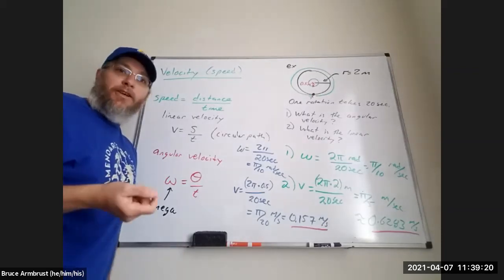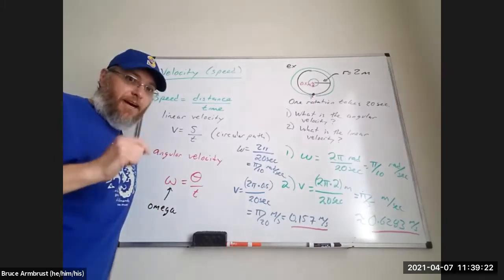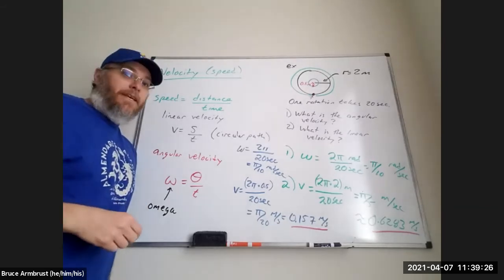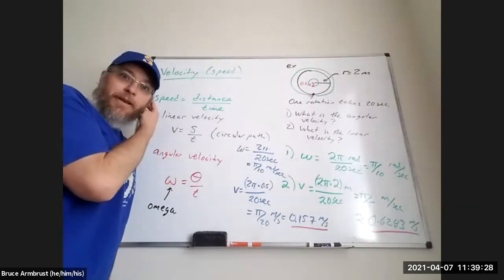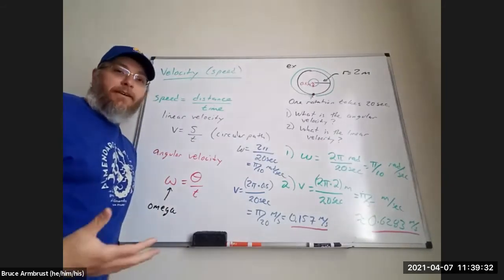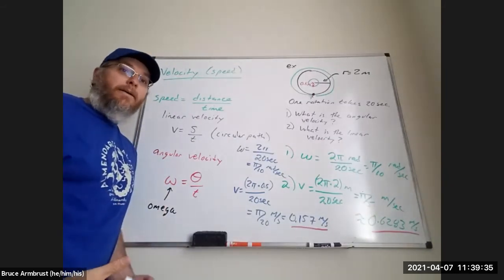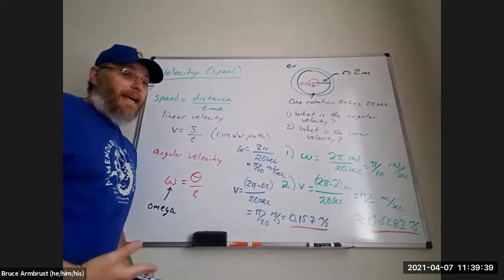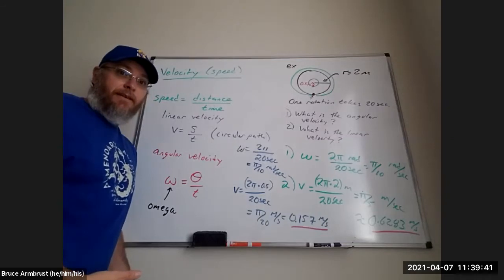And that doesn't matter where you are on Earth. You can be in Tahoe. You can be in LA. You can be down in Australia. You could be up near the North Pole, hanging out on an ice floe with some polar bears. Like, okay, it doesn't matter where you are. We're all moving with the same angular velocity. But we're moving at different linear velocities.